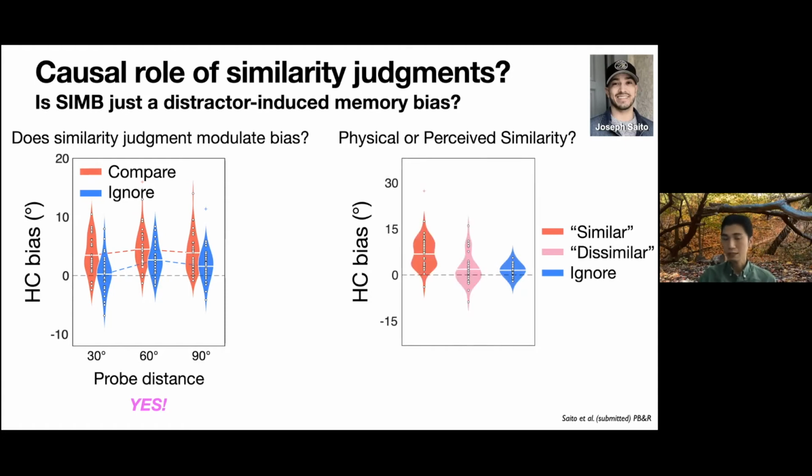And that's exactly what we found again. A larger memory bias when the ambivalent probe was judged to be similar, but equivalent bias when that probe was judged to be dissimilar, as when that probe was ignored. So this result nicely demonstrates that this is driven by the goal-oriented use of working representation.